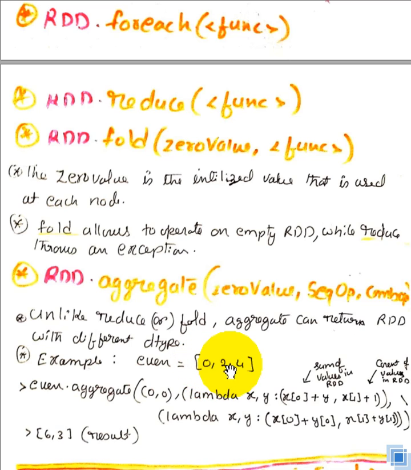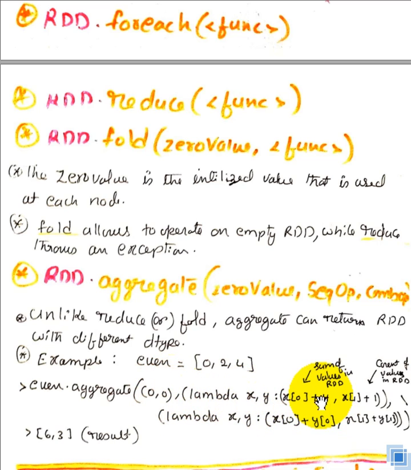You want to know the summation of all the elements and also the count of elements. So you would start with 0, 0. The first 0 indicates the initial value for the sum of all elements, and the second 0 the initial value for the count of elements.